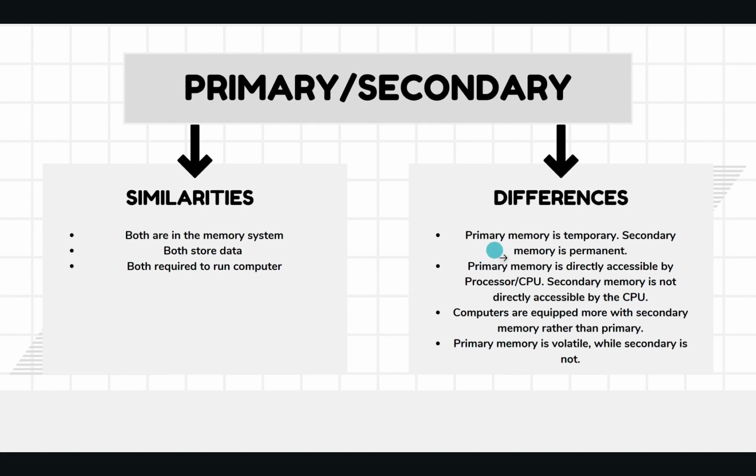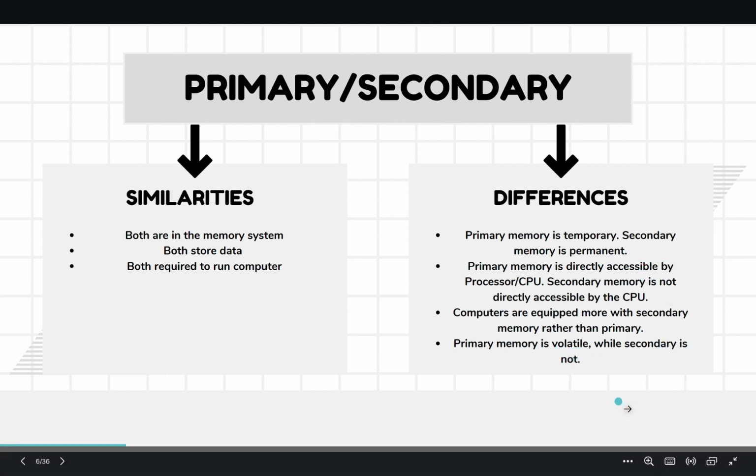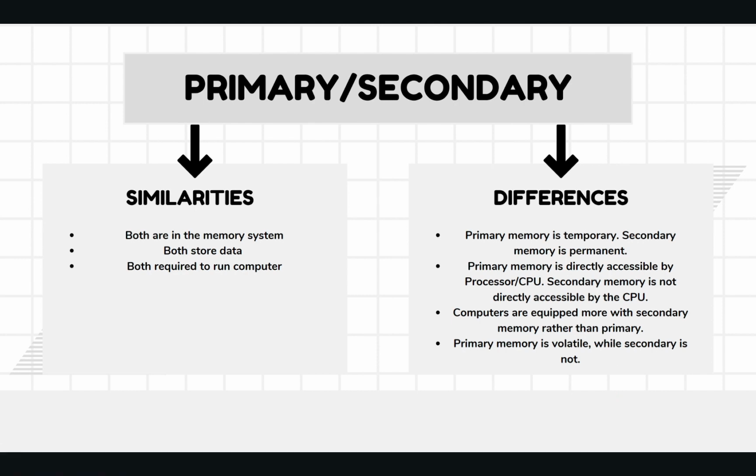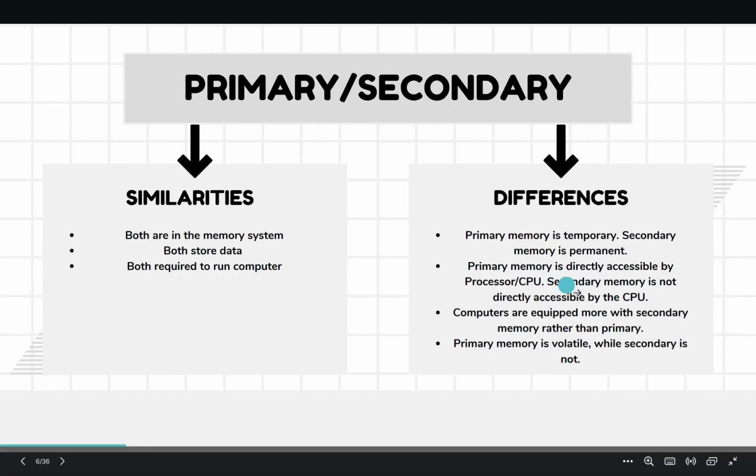Differences are that primary memory is temporary, so it's volatile, and if the power is lost, the contents are lost as well. Secondary memory is permanent, which means that it's non-volatile, and even if the power is lost, the contents will still be there. Primary memory is directly accessible by the processor, the CPU.